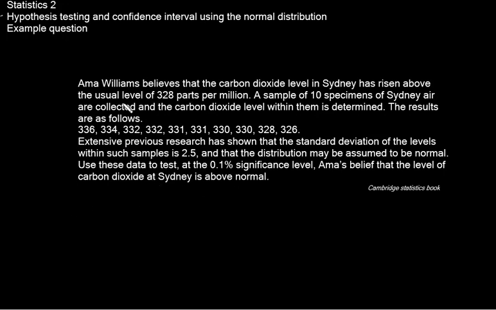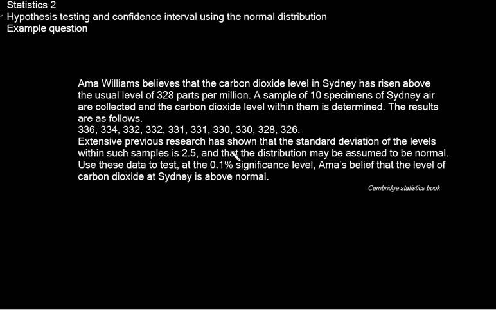So let's just say Amy Williams believes that the carbon dioxide level in Sydney has risen above the usual level of 328 parts per million. So a sample of 10 specimens of Sydney air are collected and the carbon dioxide level within them is determined. The results are as follows.